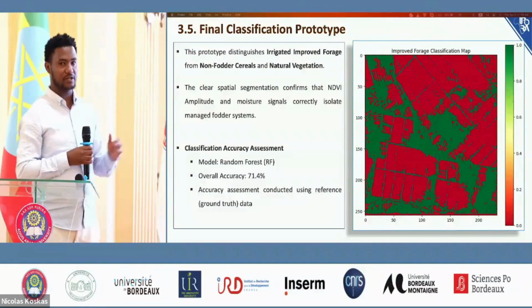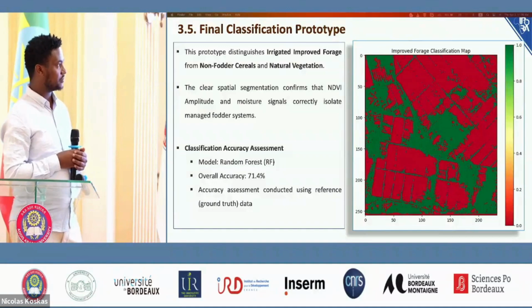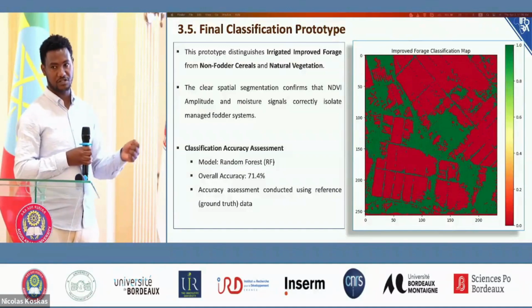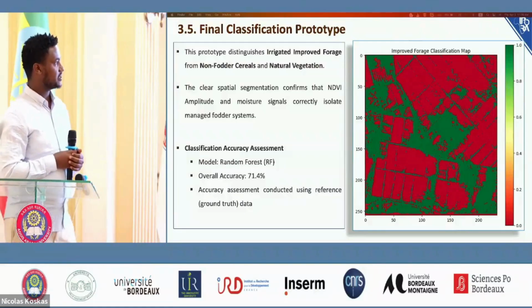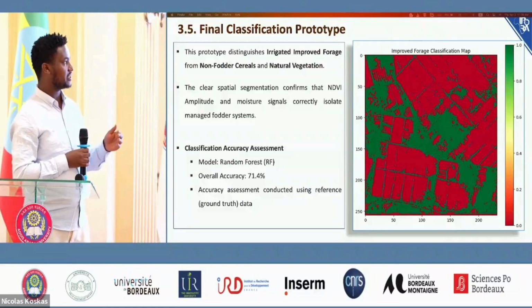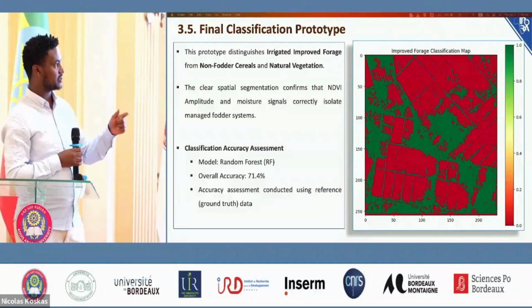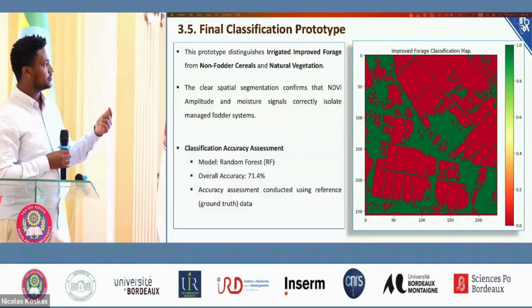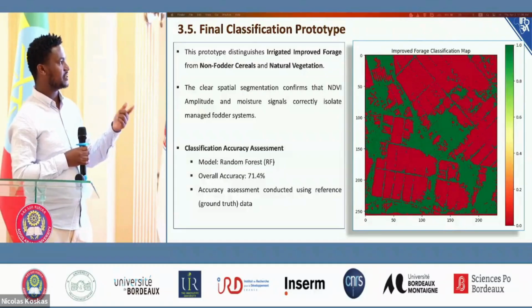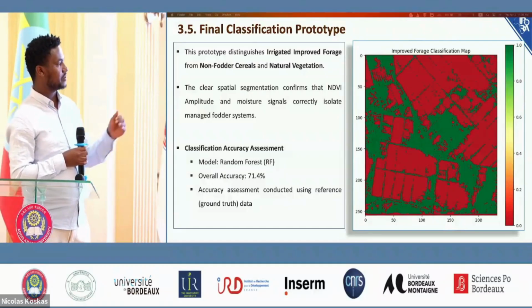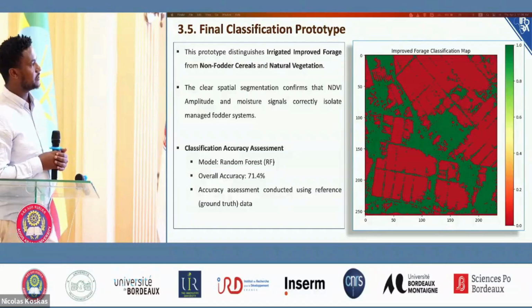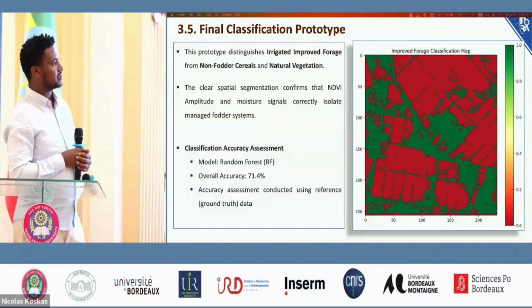We use crowd-based data collection for training our machine learning algorithms, and we use ground data from the field and different remote sensing covariates. By using those data, we extracted fodder, represented in green.